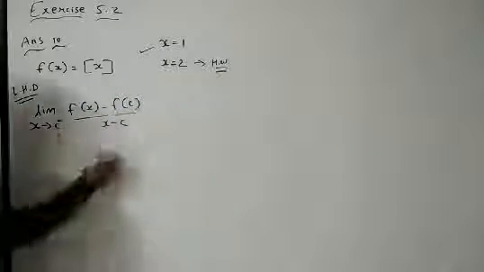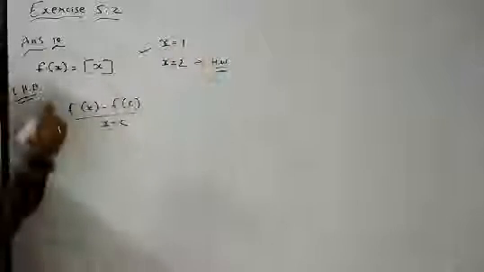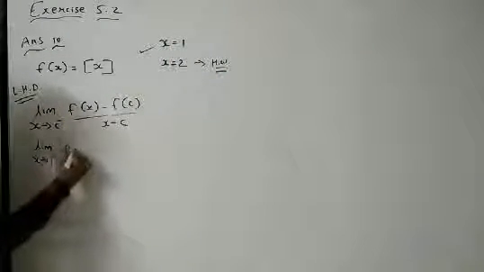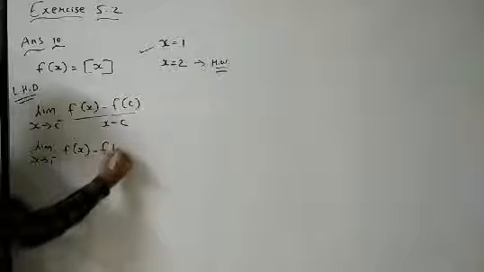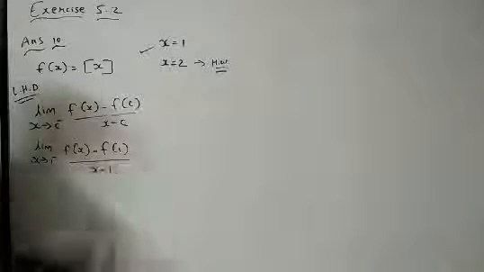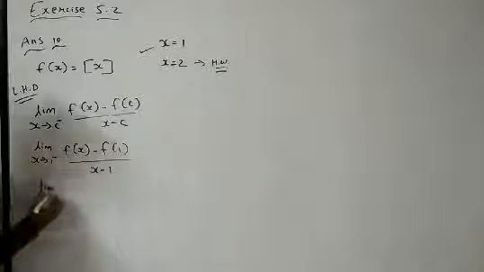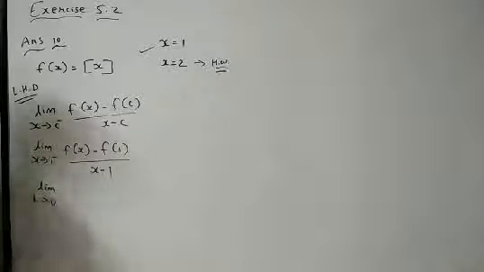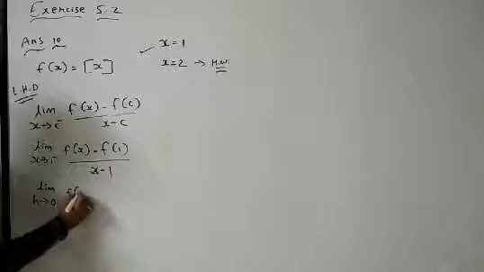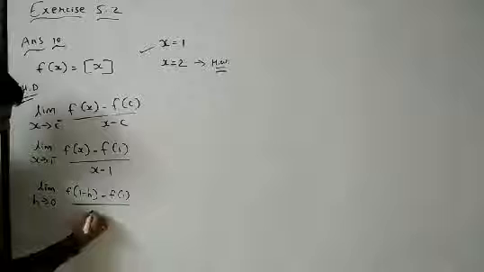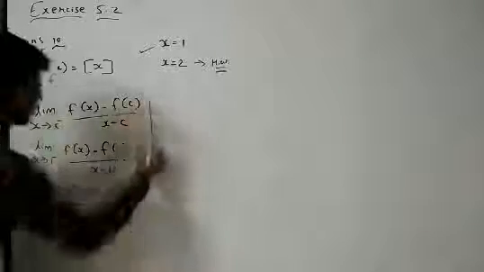Now our point is x equal to 1. So limit x tends to 1 negative of f of x minus f of 1 divided by x minus 1. So let us take limit x tends to 0 of f of 1 minus x minus f of 1 divided by 1 minus x minus 1.